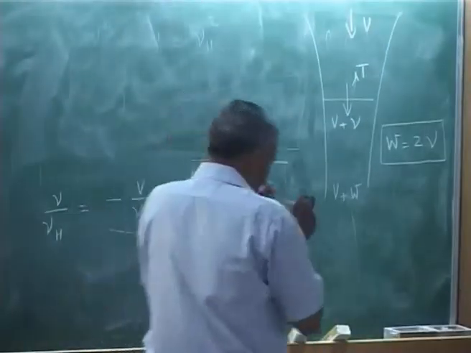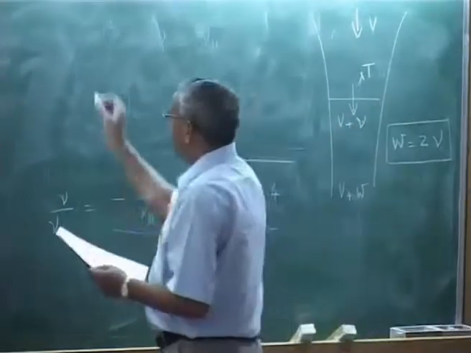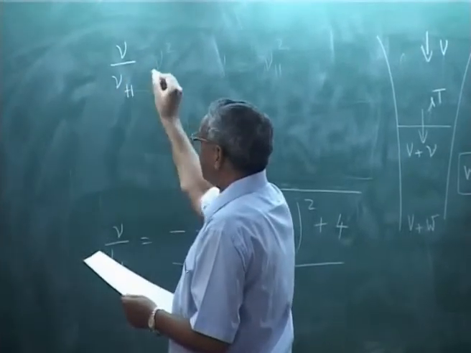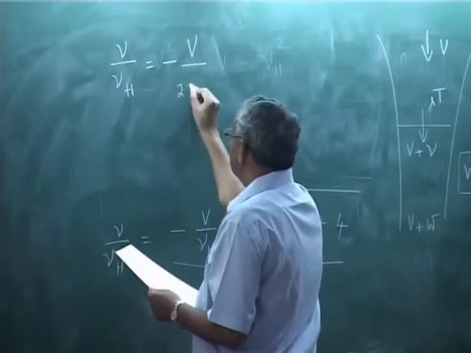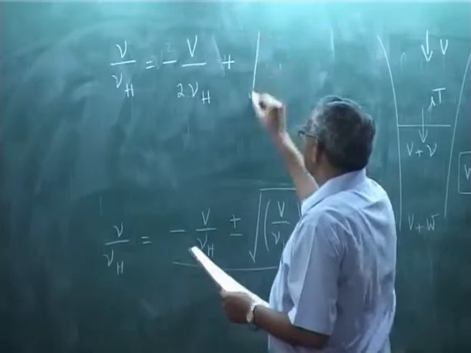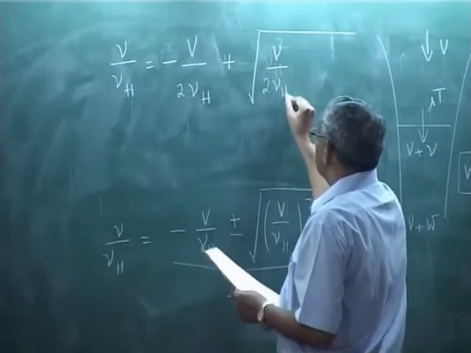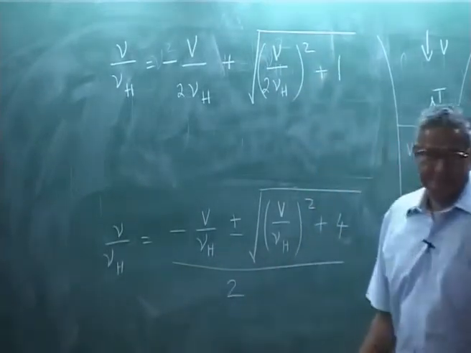Now, we will write our inflow variation nu over nu H in climb is minus V over 2 nu H plus square root of, okay.